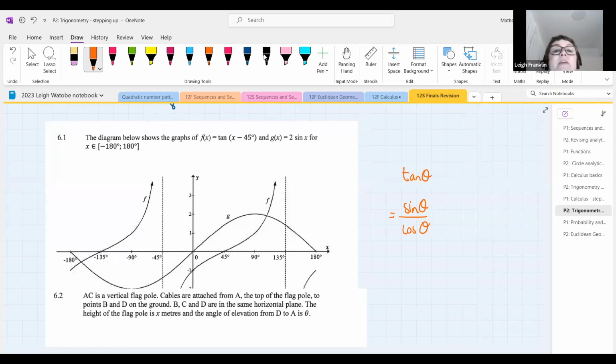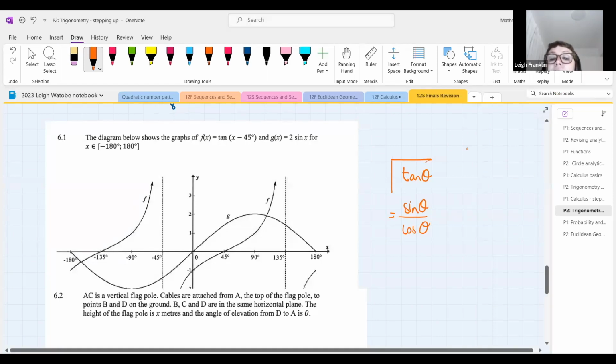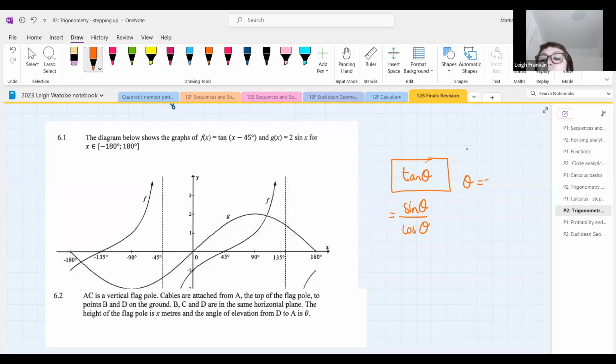So when division by 0 takes place, that's what they mean. So a trig ratio will be undefined if the denominator is equal to 0. And of course, if your identity contains tan theta, it's going to be undefined at the asymptotes. So you would always have to include where theta was equal to 90 plus k times 180. You would always have to include that for tan theta.